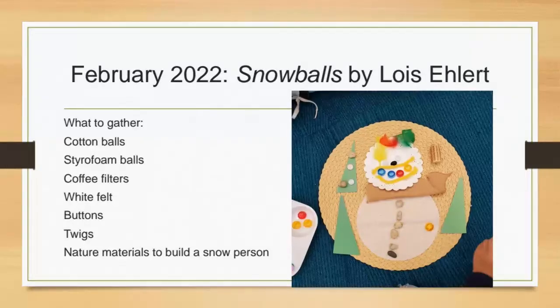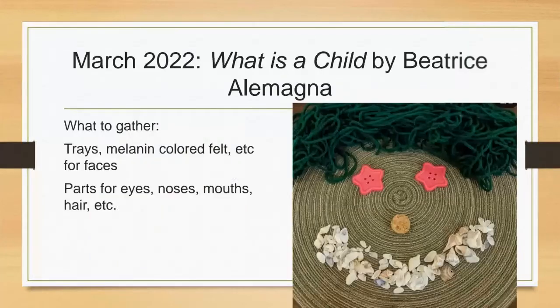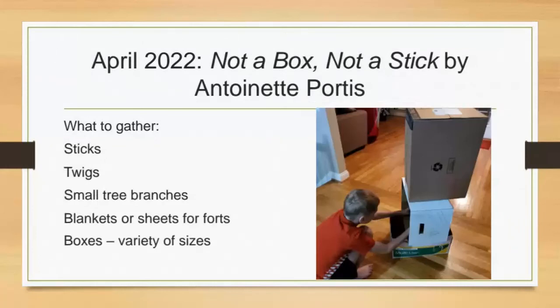These are the things that you can gather, and that's a picture of what a child created. So we did snow people. Then in March, we did the self-portraits again. We did what is a child? And here are some examples. Then in April, we did Not a Box, Not a Stick.